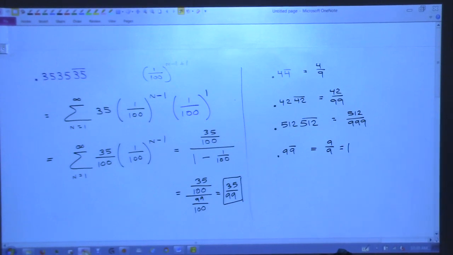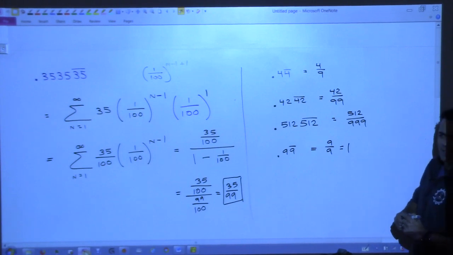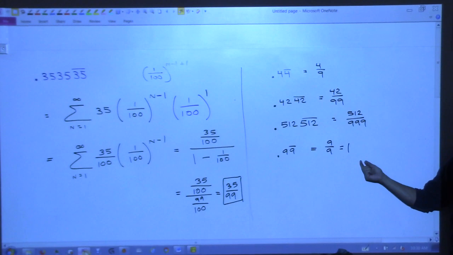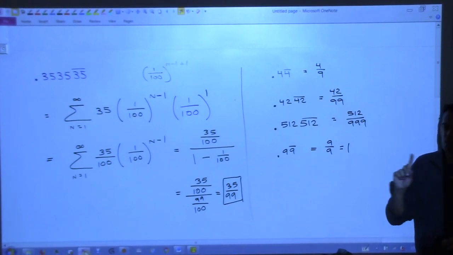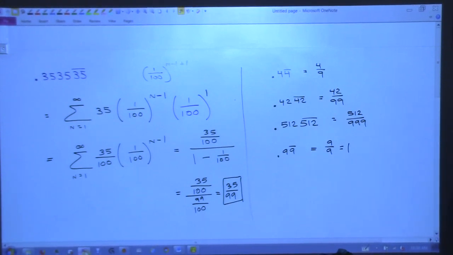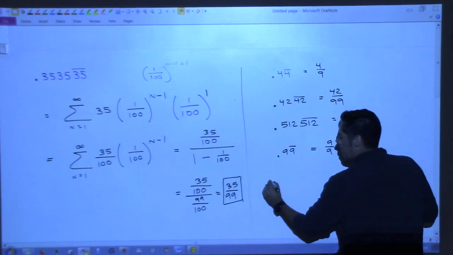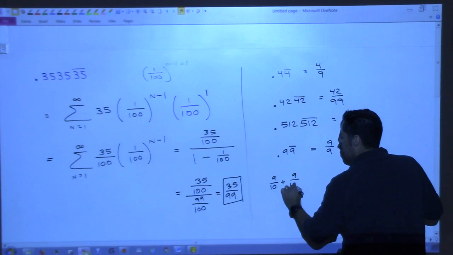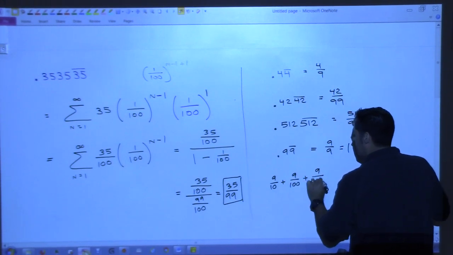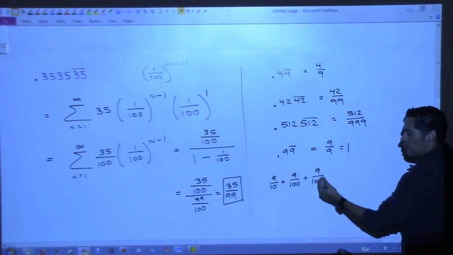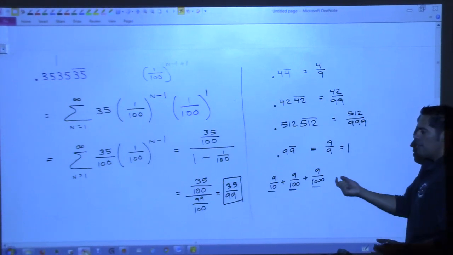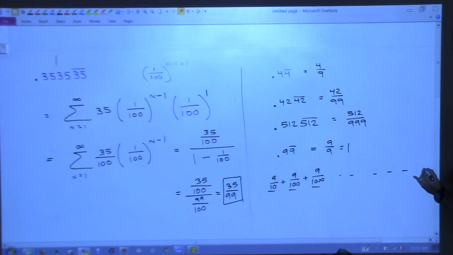And I did talk about that in class, a week or two ago, that there is no number between 0.99 and 1? That 0.99 is 1. It's convergence, though. What you actually have here is 9/10 plus 9/100 plus 9/1000, right? That's what's happening here. And when you look at this as a geometric series, you're adding, and this is converging out to 1. If you could go forever, it's converging to 1.